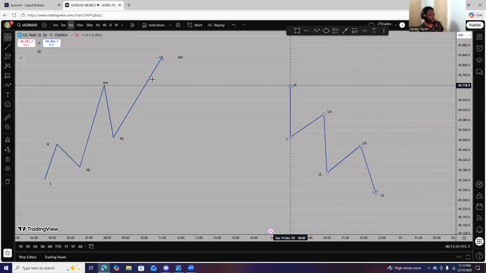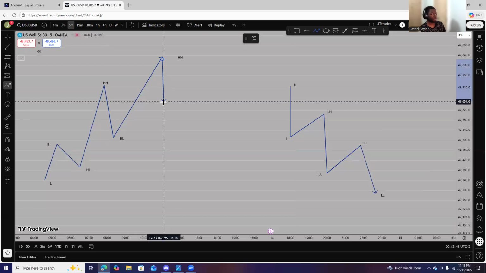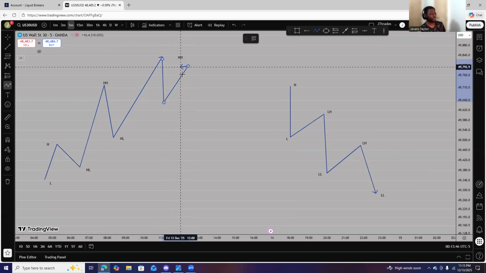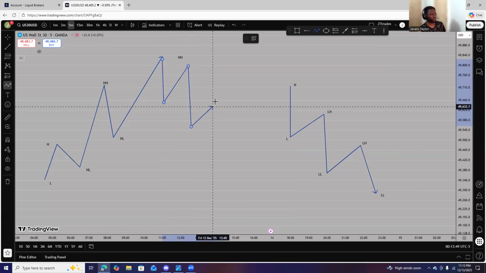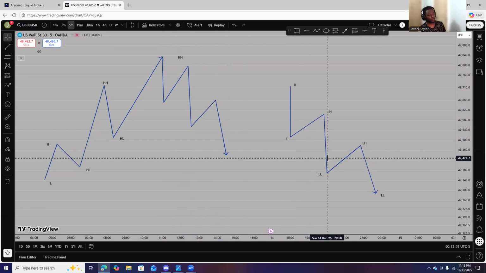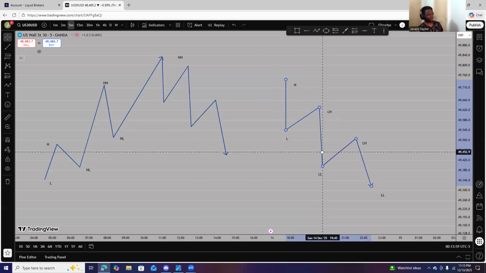You have a high. So let's say the market goes up and we did something like this. We failed to create a new high above this and we started coming down like this. So now we're going in a downtrend.